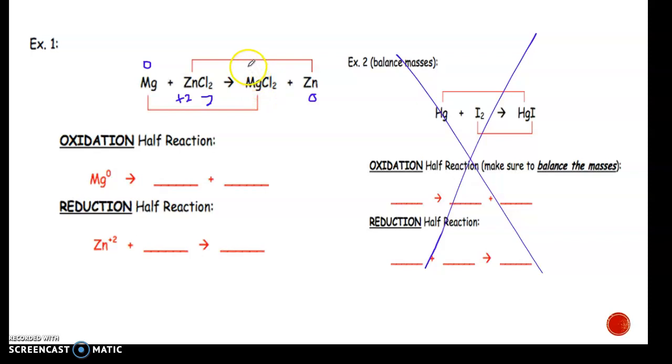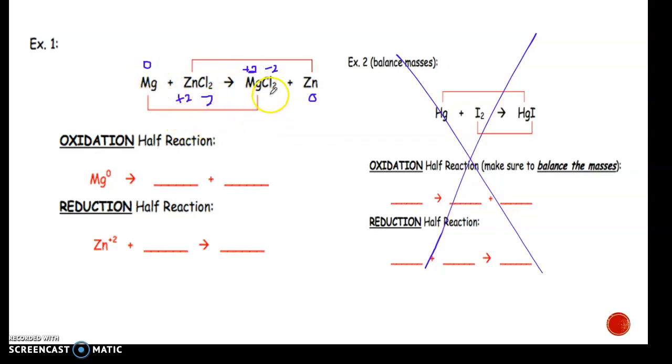And I know magnesium has a +2 oxidation state because it's in group 2. If you notice, all group 2 elements have a +2 oxidation state. And then Cl will have to be -2. Once I figure that out, I'm going to find out which one is oxidizing and which one's reducing. Magnesium is going from Mg 0 to Mg +2.